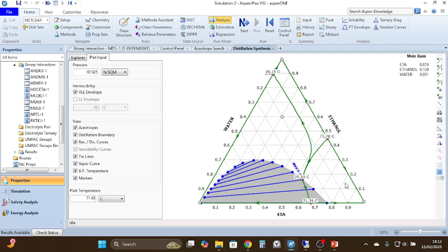If we are trying to perform distillation, we cannot cross the distillation boundaries, it is not allowed. So in that case, we usually integrate a distillation process with secondary separation processes to achieve the desired separation. For example, if you are starting from this point over here, you have to reach up to this point.